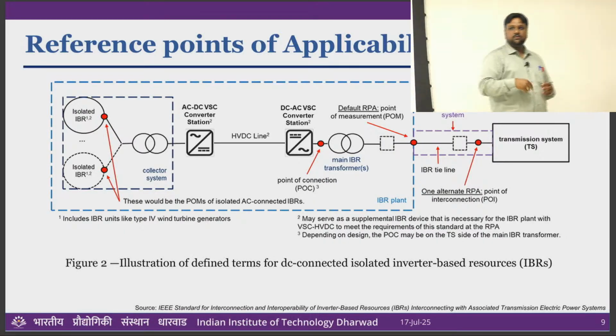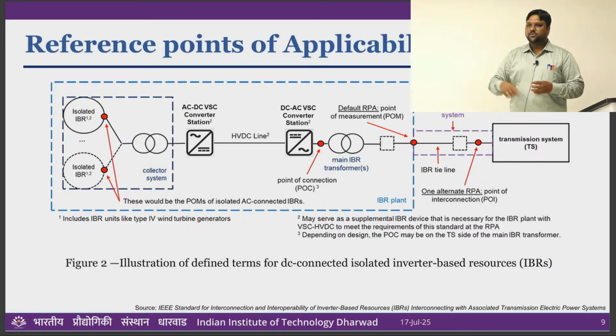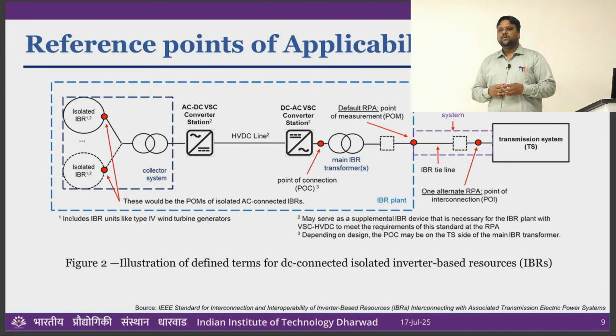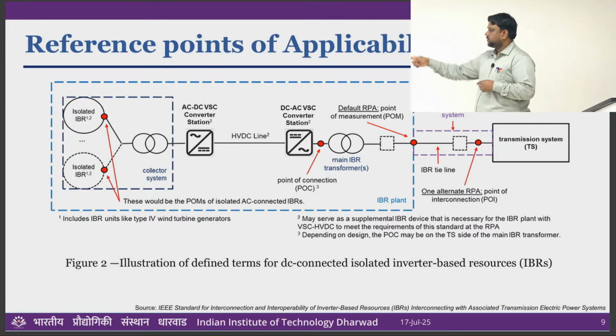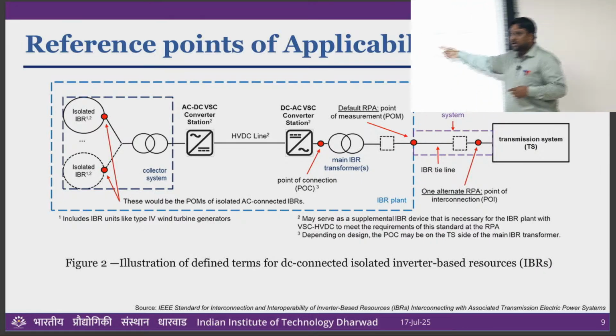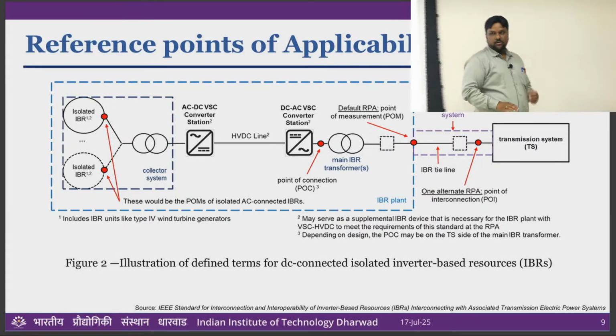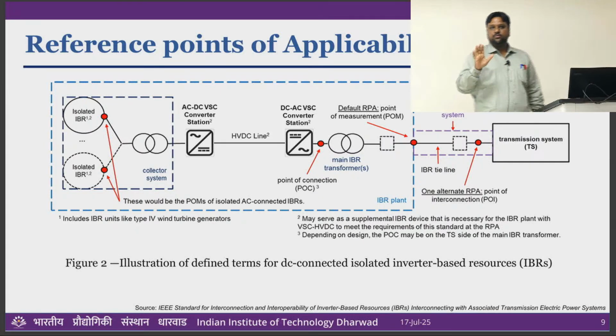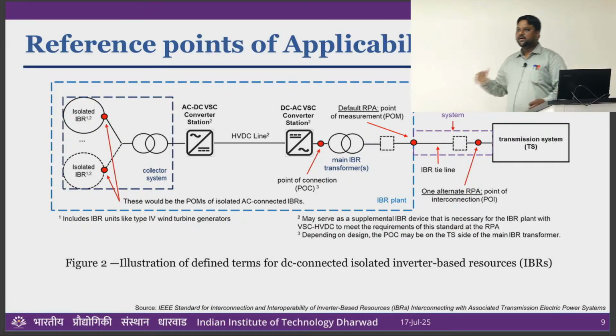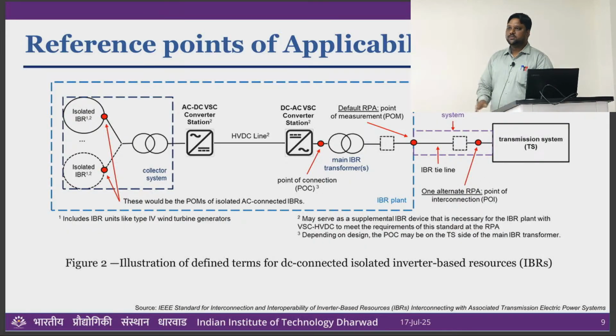If you read the document several times, you will come across statements like "if voltage falls 50% at RPA", which means you refer to the voltage falling 50% here, because RPA signifies the point of interconnection. So I am just giving you a brief on how to read the standard. Okay, and you can read it in detail once you understand these things.